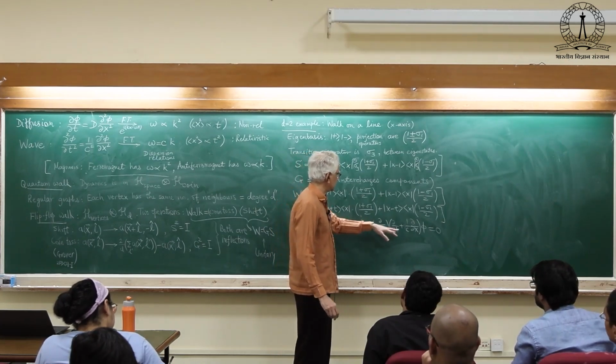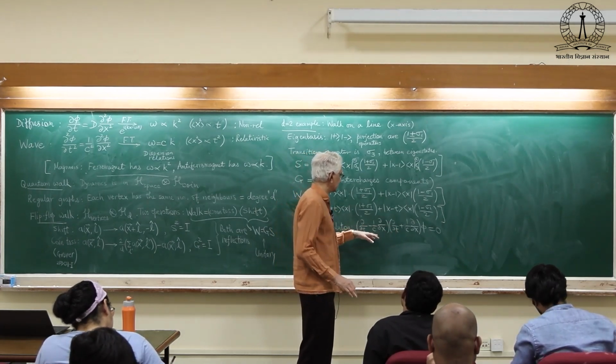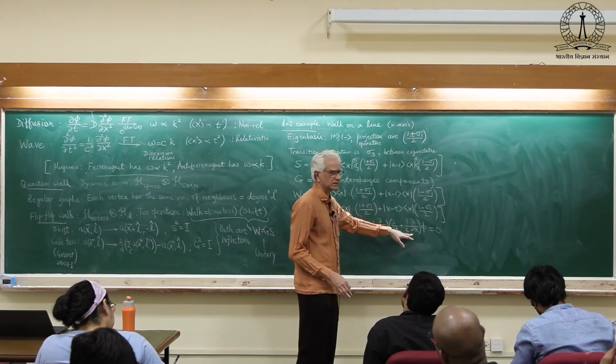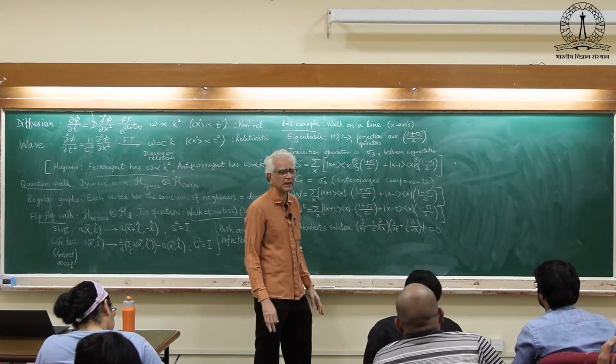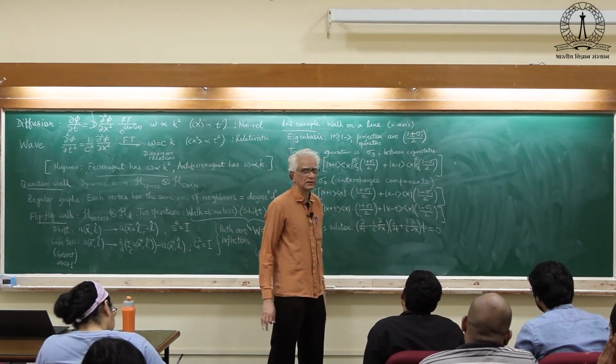And all these partial derivatives commute. So whether I write this one first or this one first doesn't matter. C is a constant.